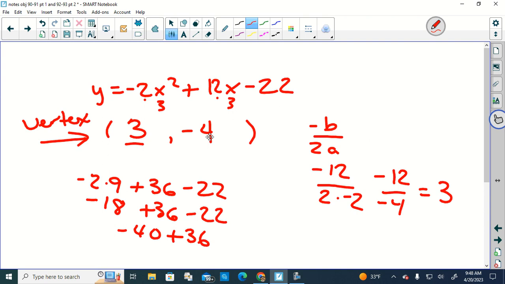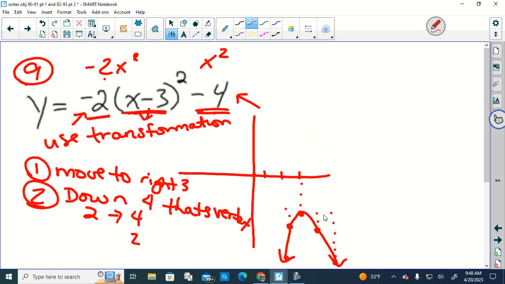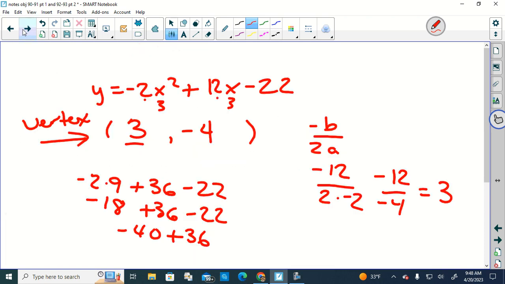Now all you have to worry about when you go to graph this is that location of the vertex. We know it's negative, so it's going to be pointing downward. Then your over 1, down 1 needs to be multiplied by 2, which it was. When we did this, we went over 1, down 2. So that comes back into play for the quadratic equation.